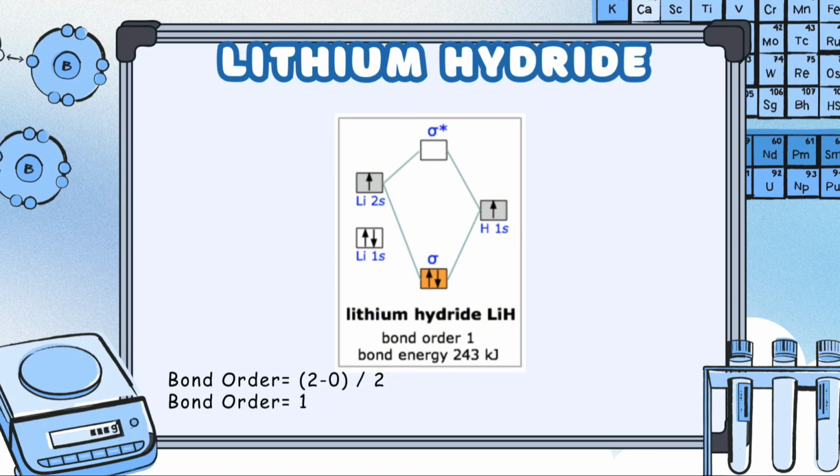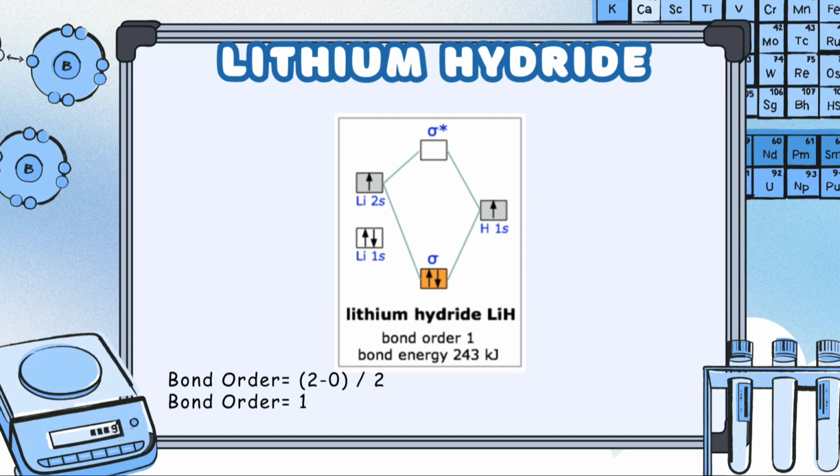And this substance here, we can call it a diamagnetic substance, because all electrons involved in bonding are paired. So it is a diamagnetic substance.